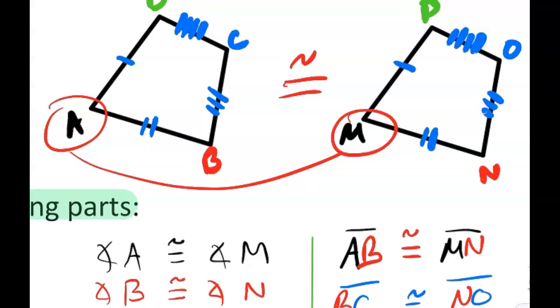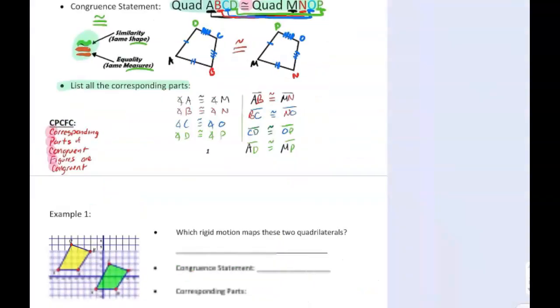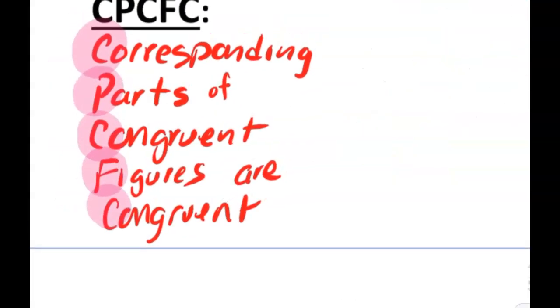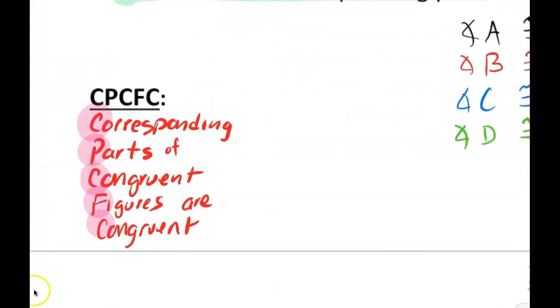So if you had 2 identical cars, the left driver door of one car would be congruent to the left driver door of the other car, if they were 2 identical cars to begin with. All the parts have to be congruent if the wholes are congruent. That's what this means. So corresponding parts of congruent figures are congruent.